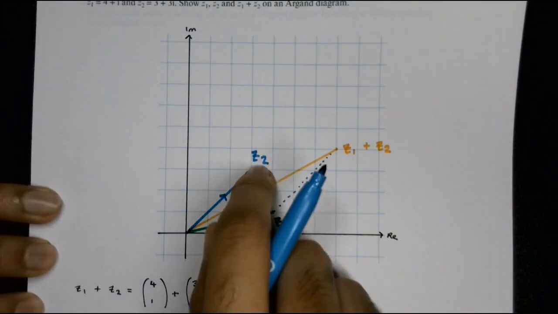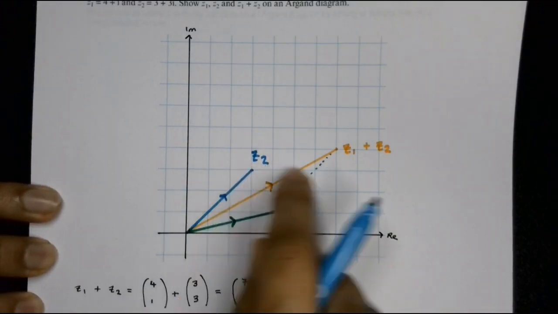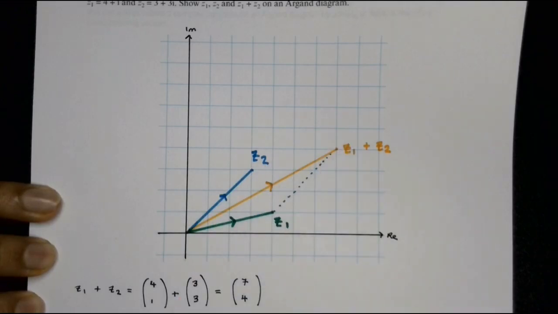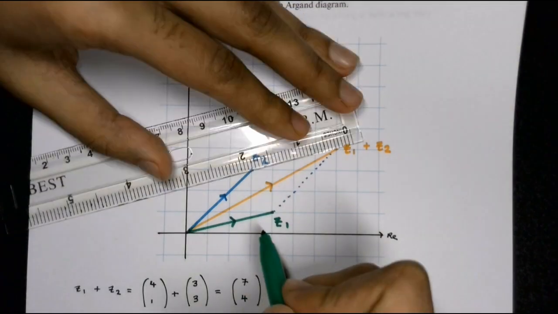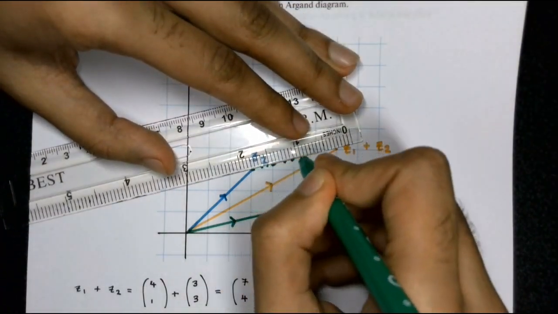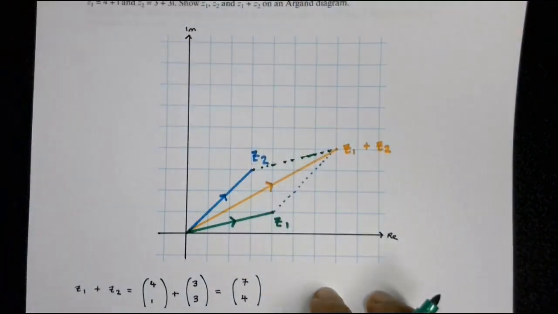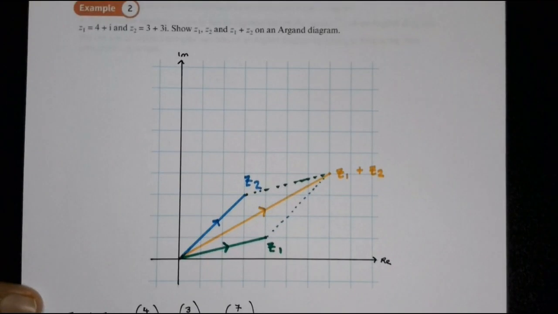And similarly, if we were to start at z2 and then go 4 across and 1 up, we would end up at this point over here. So you can see, using vector addition, we can show the sums of complex numbers.